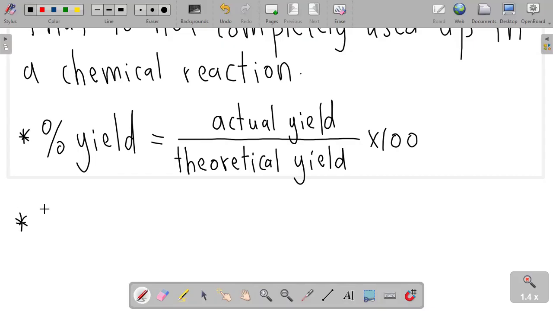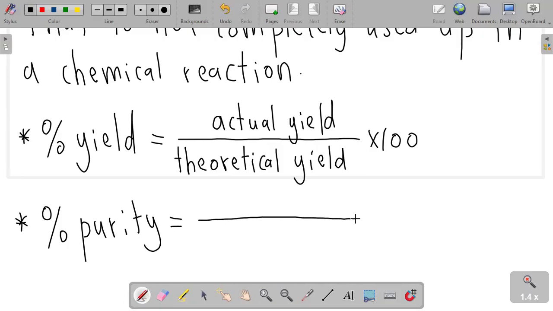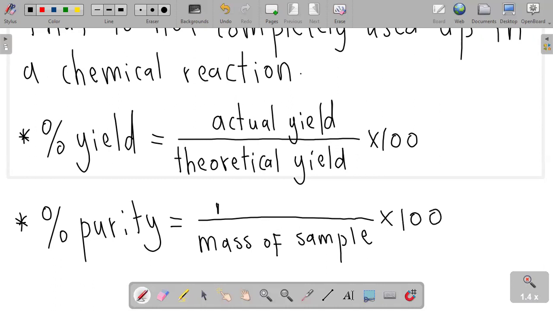Then we also have percentage purity. The formula for percentage purity is the mass of compound divided by the mass of sample, and then we multiply by 100.